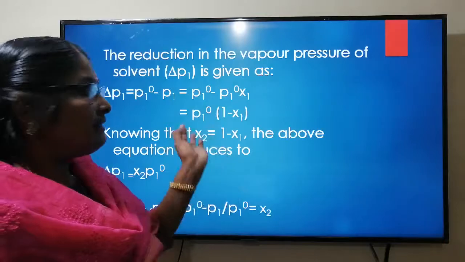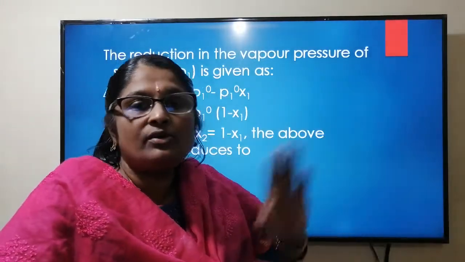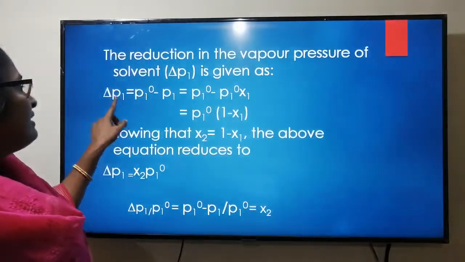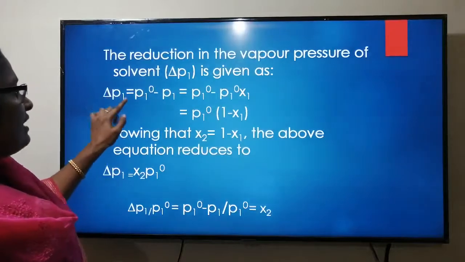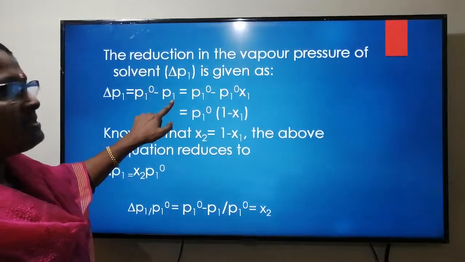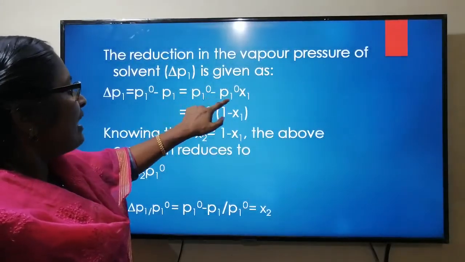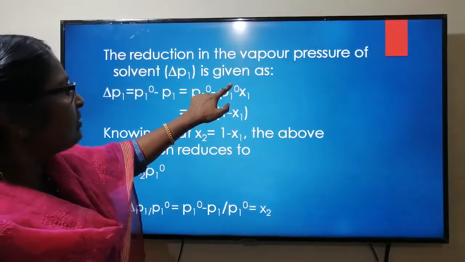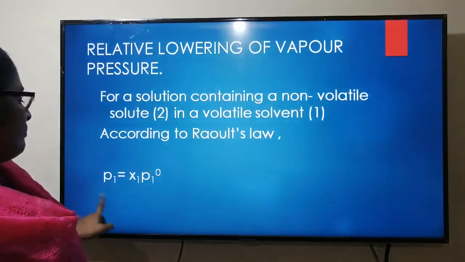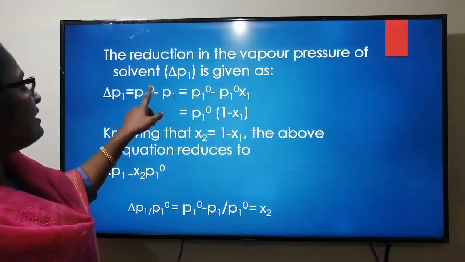So the lowering of vapor pressure is the initial pressure P1° minus the pressure after adding solute, P1. We can represent the change as delta P1 is equal to P1°, the vapor pressure of pure water, minus the vapor pressure after adding solute, which is P1° minus P1.